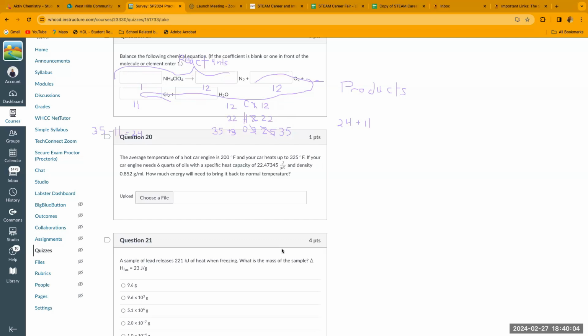It says the average temperature of a hot car engine is 200 degrees Fahrenheit. And your car heats up to 325 degrees Fahrenheit.